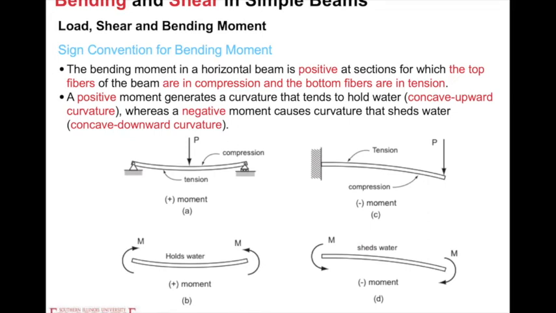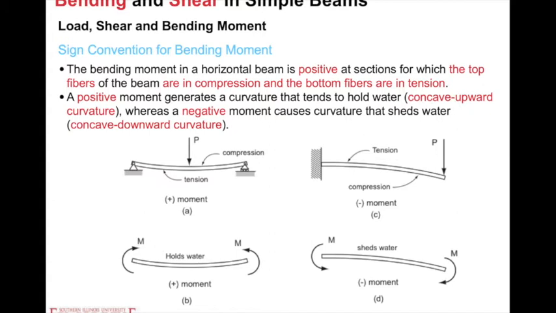Then next we talk about the sign convention for the bending moment. Look at example A. If we apply a force in the middle going downwards, then the beam deflects in a concave upward shape, which can hold water.